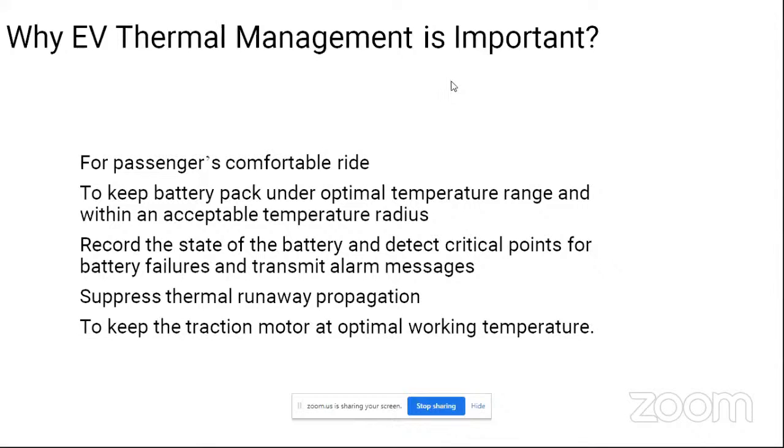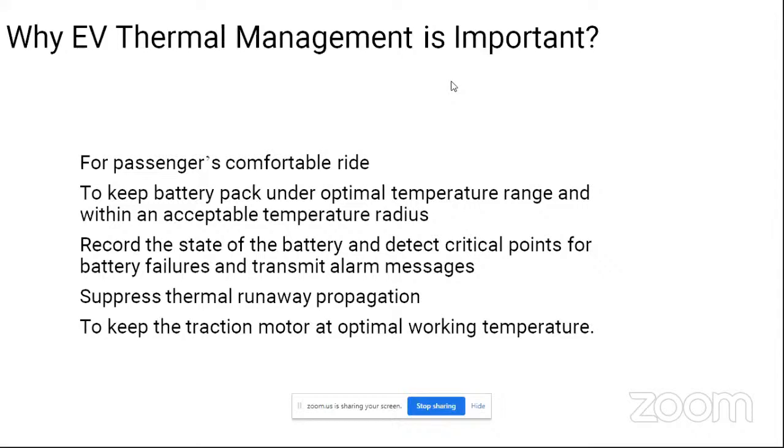Anyhow, in any case, we have to do preventive action. That applies to the electric vehicle, especially the battery pack. In a battery pack, we can't do corrective action. In any condition, we have to do preventive action. If something should not happen, before it happens, we have to cure it. So for that also, thermal management of an electric vehicle is very important.